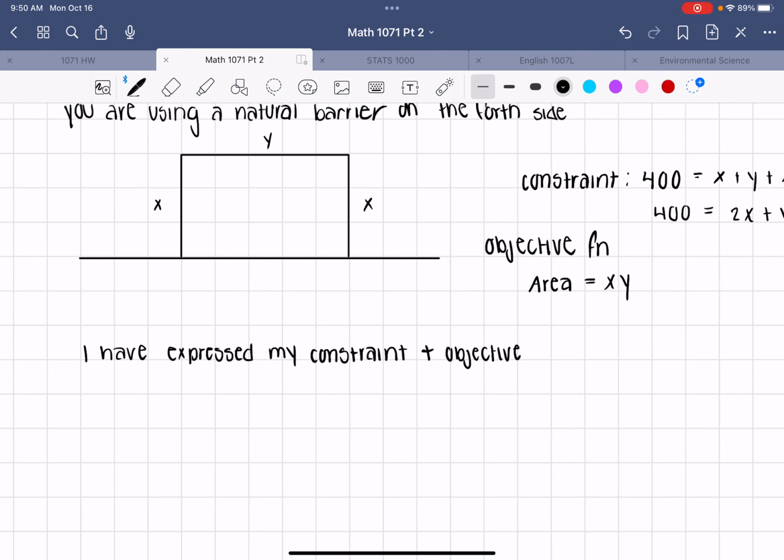To find the optimal, take the derivative, but I need 1 variable, not 2.